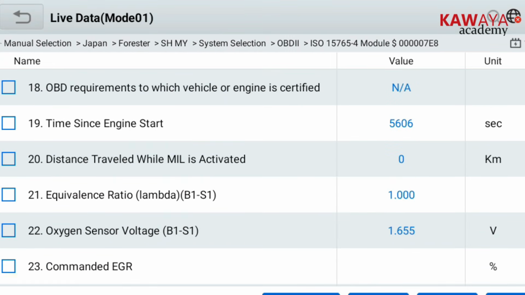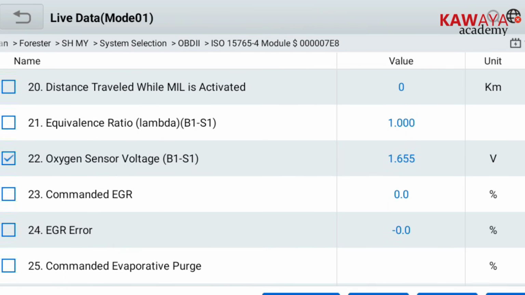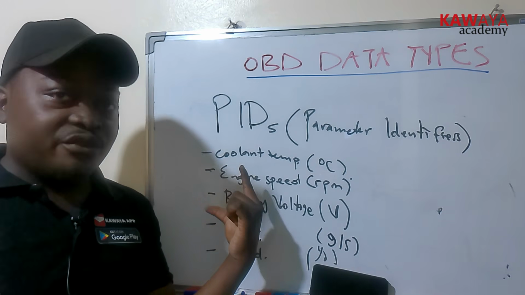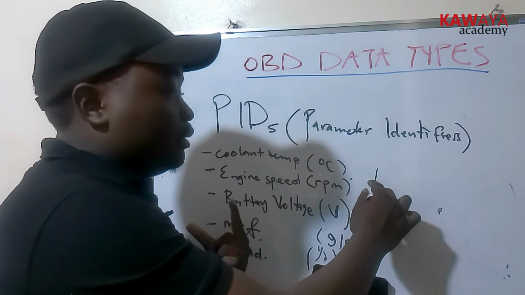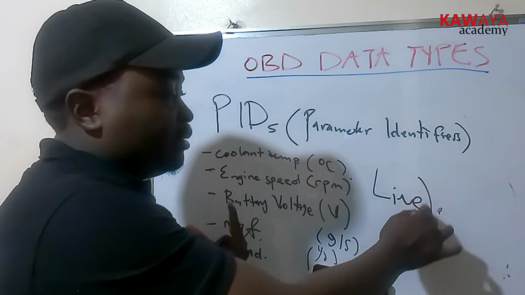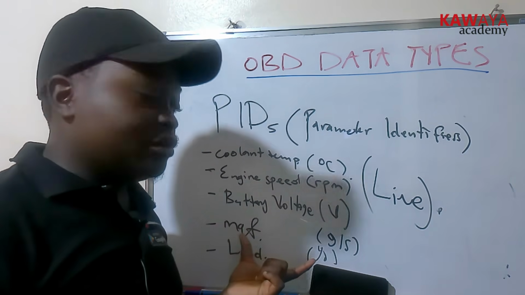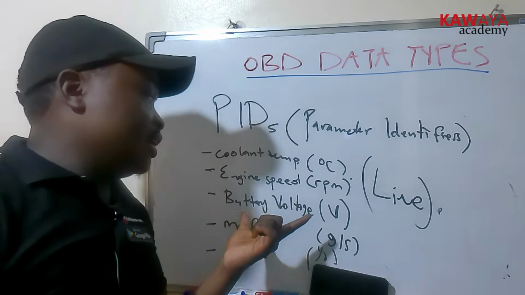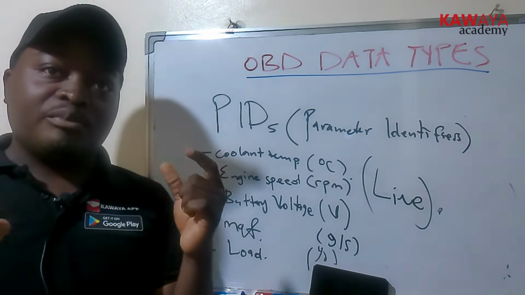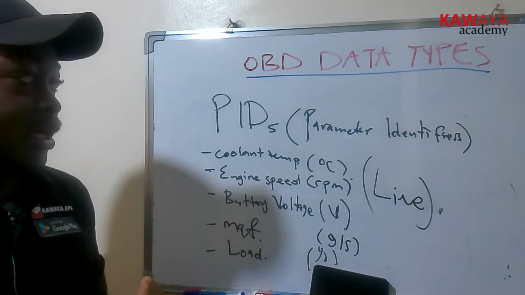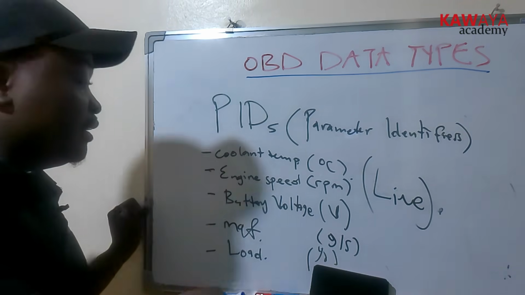And we need to know this because the PIDs are the data that we look at if we are looking at the engine performance. Let's say you are in live data. If you are in live data, basically you're going to be monitoring these PIDs. You know, what is the coolant temperature, what is the engine speed, what is the battery voltage, and so on. So basically that's what we call the PIDs.